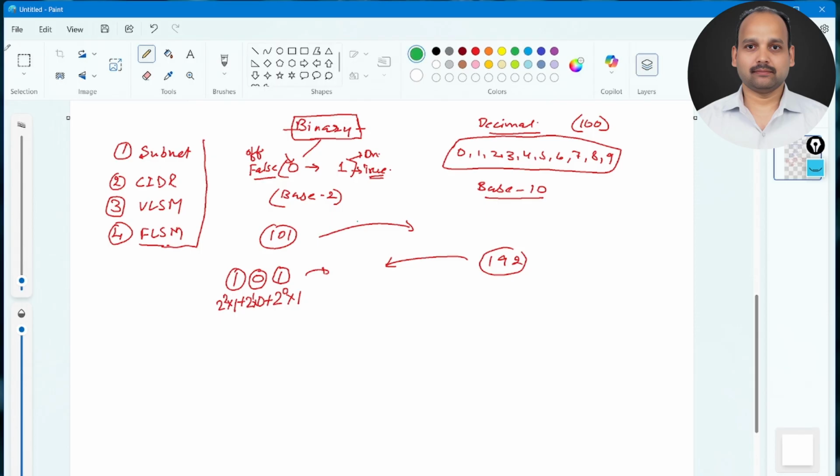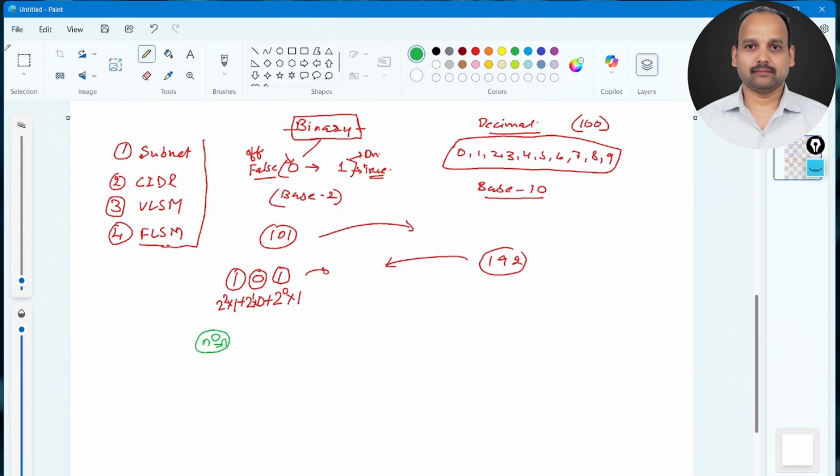If any value has power 0, the value will be 1. That is mathematical. We are not going to prove it, but it is simple: any value to the power 0 equals 1.